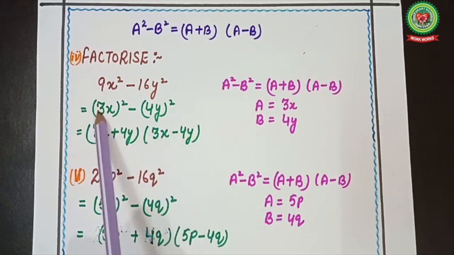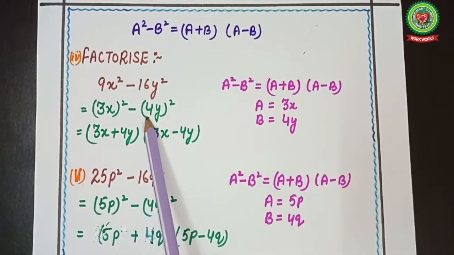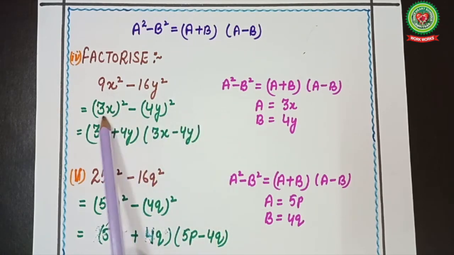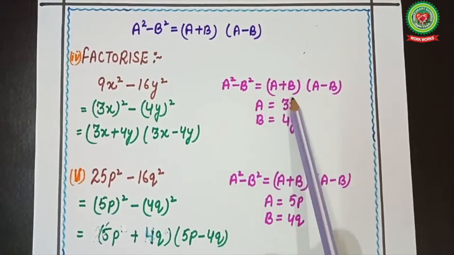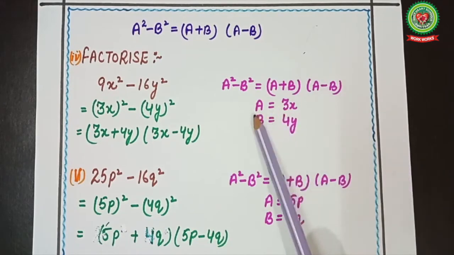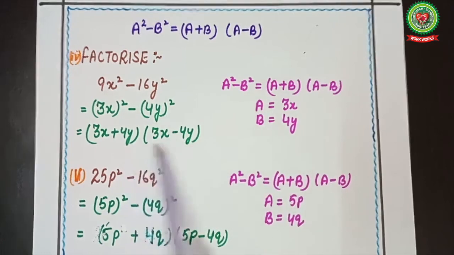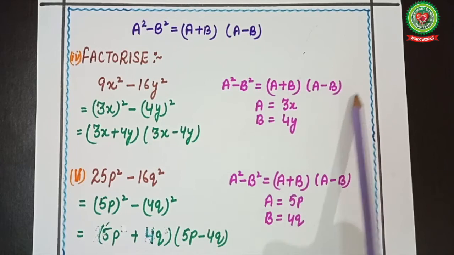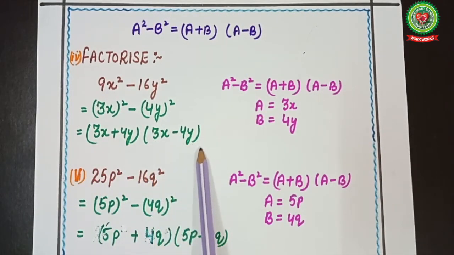When you square 3 you get 9, and when you square 4 you get 16, right? So we will have (4y)². And here (3x)² − (4y)² is in the form of a² − b² = (a + b)(a − b), where the value of a is 3x and the value of b is 4y. Now put them in this formula, that is (a + b)(a − b): (3x + 4y)(3x − 4y), right?